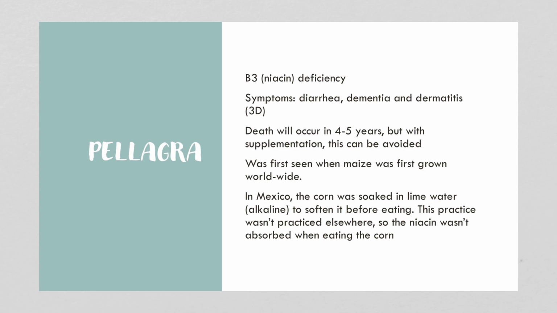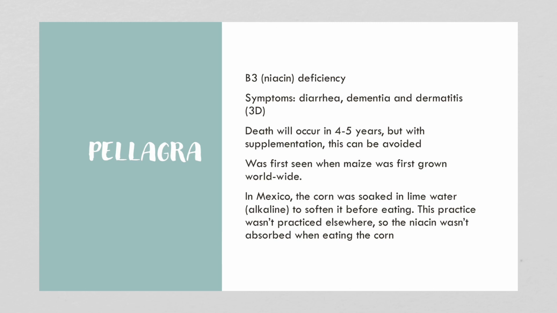We first saw this nutrient deficiency when maize was spread throughout the world after being shared with the settlers that arrived in Mexico. In Mexico, where maize first originated, the corn was soaked in lime water, which is an alkaline solution, not limes as in the fruit, but lime water.